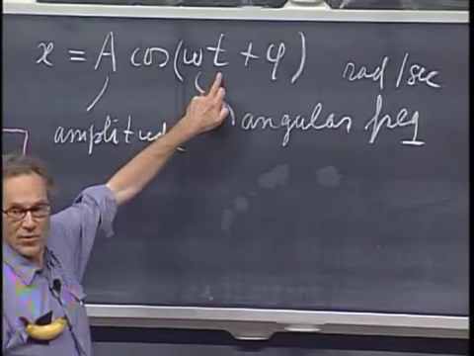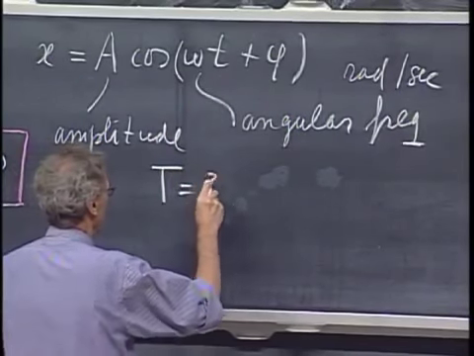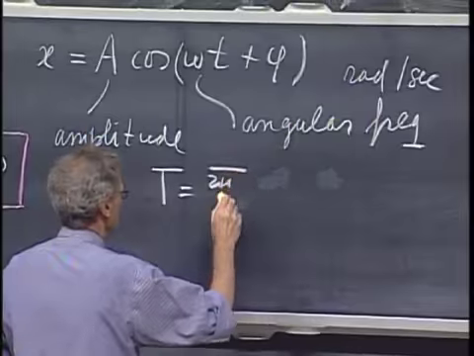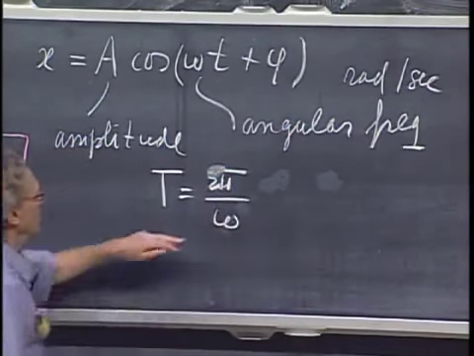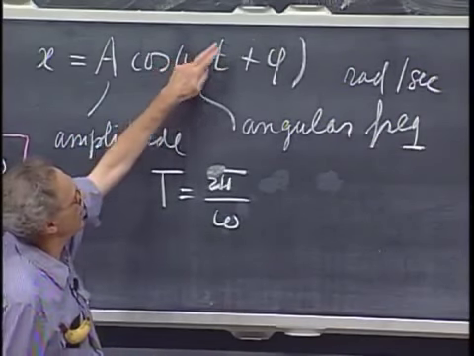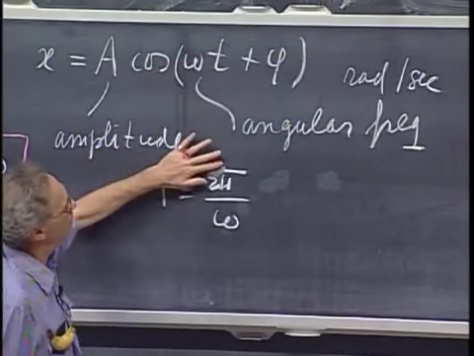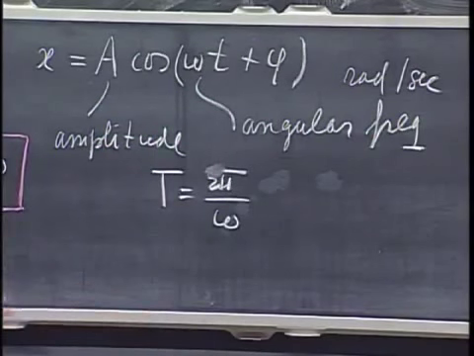If I advance this time little t by 2 pi divided by omega, then this angle here increases by 2 pi radians, which is 360 degrees, and so that's the time that it takes for the oscillation to repeat itself.